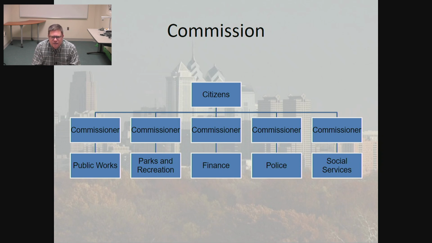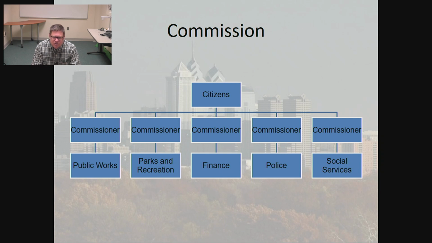So in this system of a commission form of government, there oftentimes is not a focal mayor. Typically one person will be named as the mayor, one of the commissioners, but really it just means that they're first among equals, a person that just convenes and oversees the meetings, but they don't have any real power any more than any of the other commissioners do.